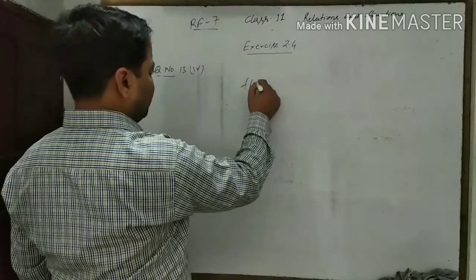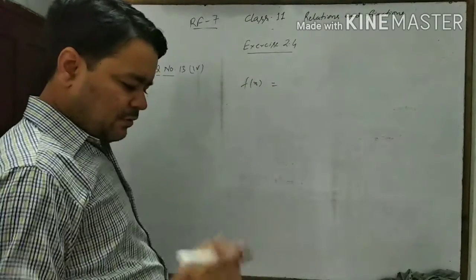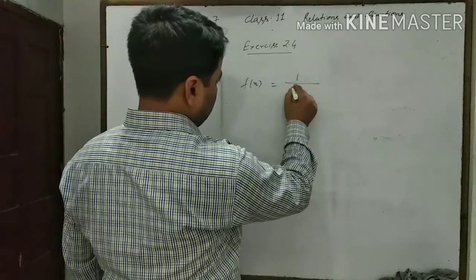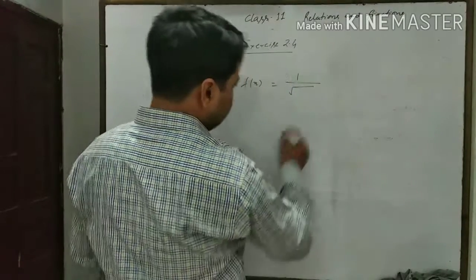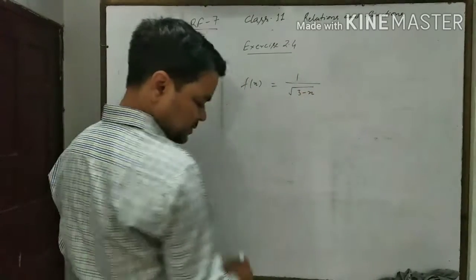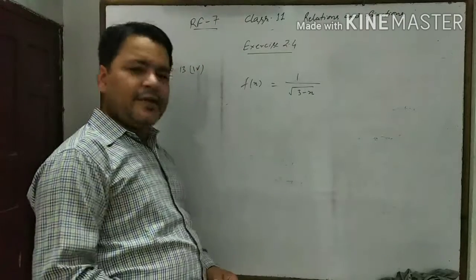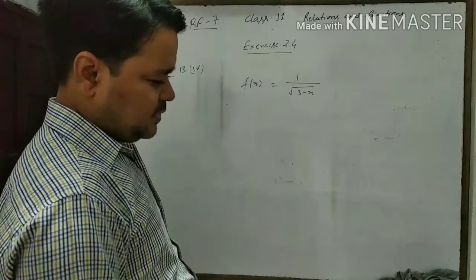Define here f of x. f of x is equal to 1 upon under root 3 minus x, and we have to find the domain of the function. Again the same process we will continue.